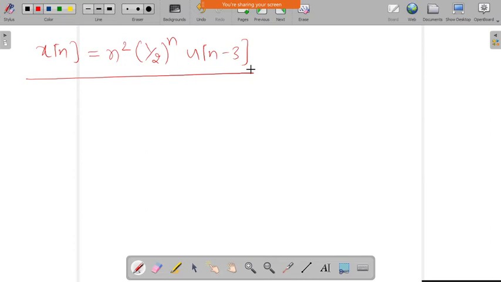Which one will you apply first? Time shifting. Yes, you need to apply time shift, because it is u of n minus 3. You need to arrange the signal so that it has the same shifted form.